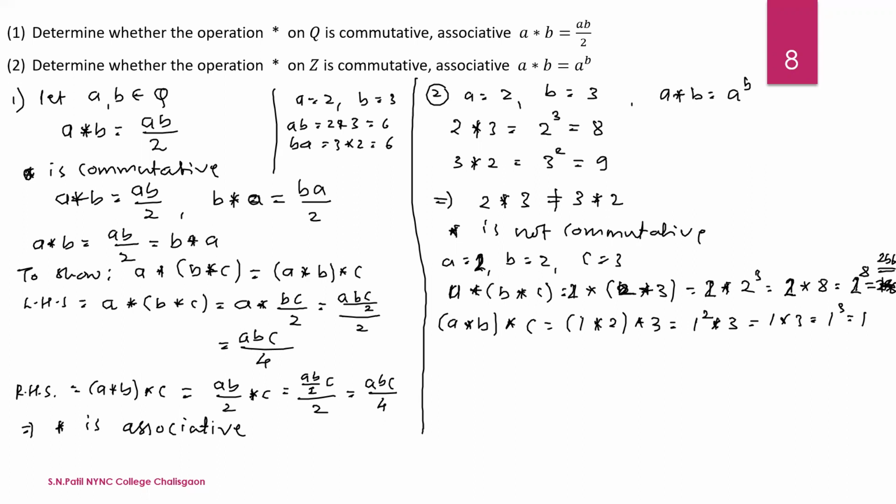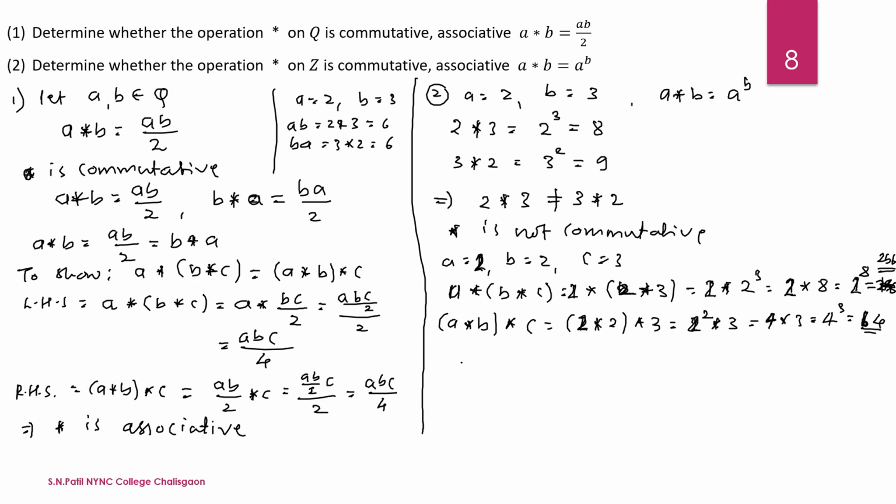Now here 2 star 2 means 2 raised to 2, which is 4, and 4 raised to 3 is 64, since 4 squared is 16 and into 4 is 64.